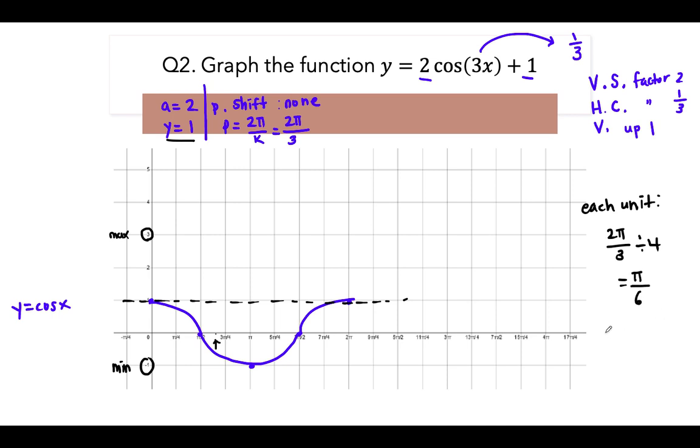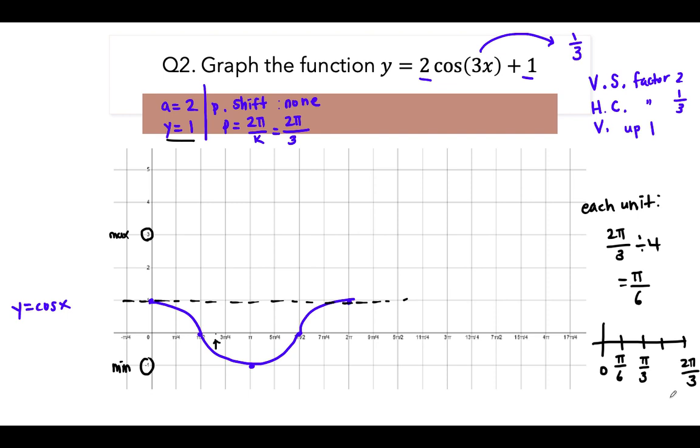What that means on a graph, when you're dividing into 4 sections, is you're starting from 0, the end point is 2 pi over 3, and each unit is going to be pi over 6. And then for the next unit, you're going to add pi over 6 to this. It's going to be pi over 3.